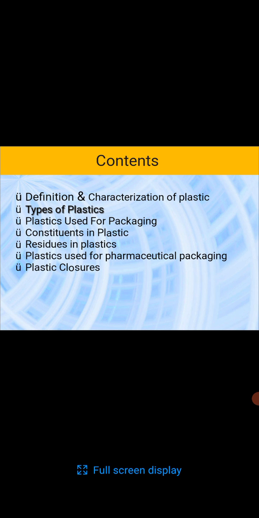Our context of the lecture: definitions and characterization of plastic, types of plastics, plastics used for packaging, constituents in plastic, residues in plastics, plastics used for pharmaceutical packaging, and plastic closures.